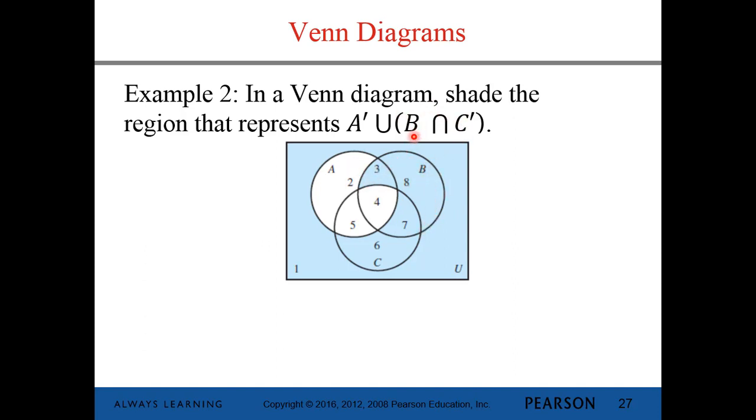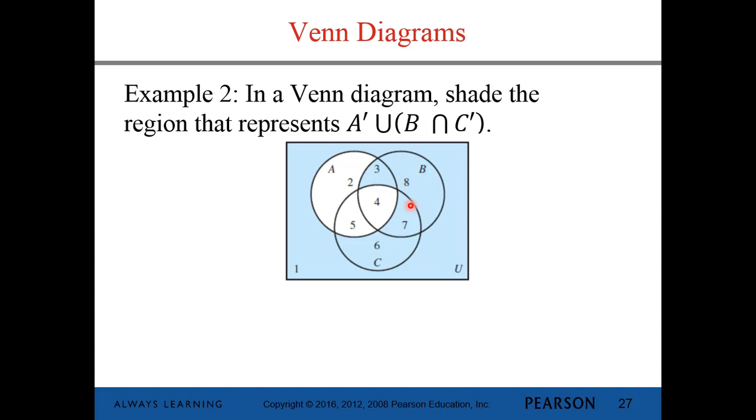Now we're going to take this piece and union it with not A. So we're going to take everything that's outside of A and this piece of B and just pull them together.